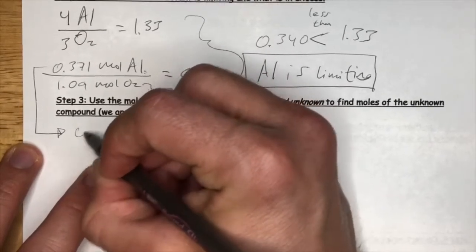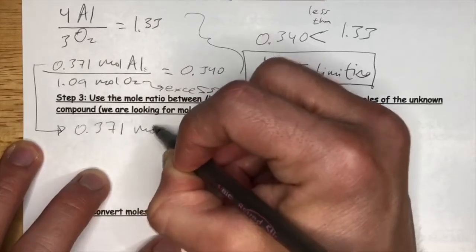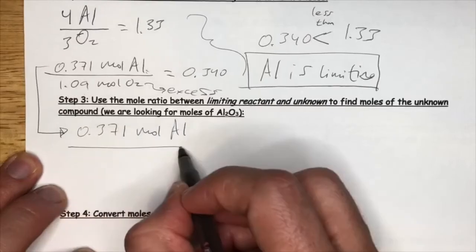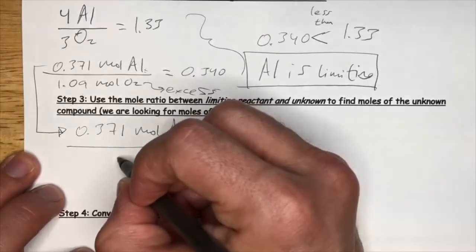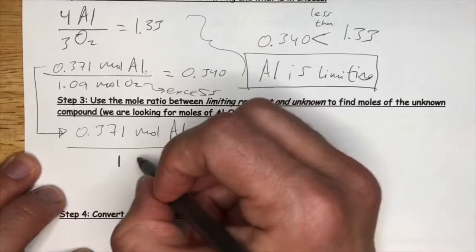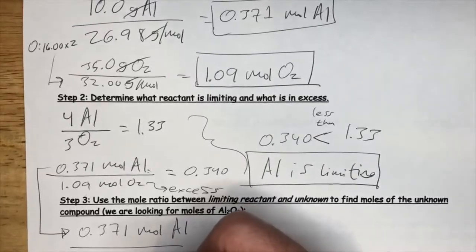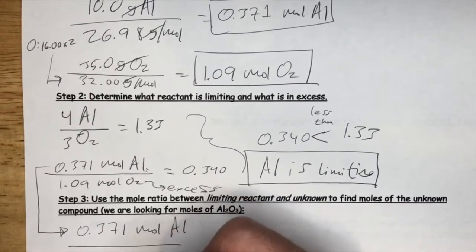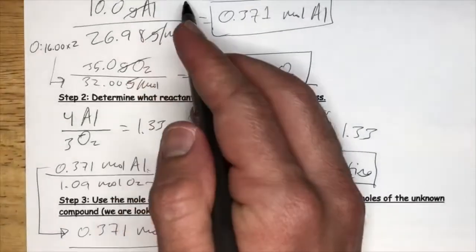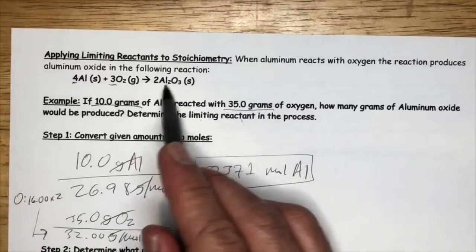And we've got to use the mole ratio. So we'll divide that by an X to figure out the number of moles of Al2O3.